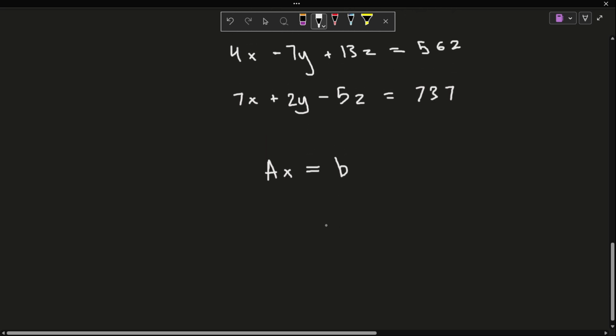So what does each of this mean? Well, A would be a combination of basically all the coefficients in our system. So that would be something like 4, minus 7, 13, 7, 2, minus 5. X would be our variables.